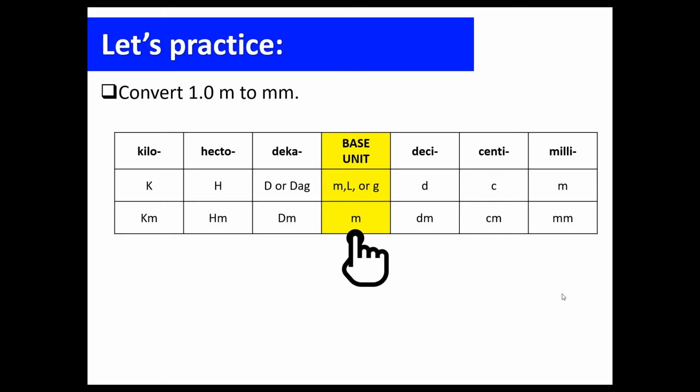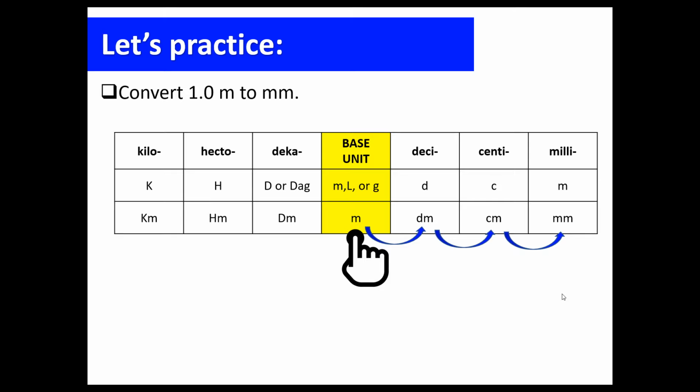All right, so you start with the unit that you're given. We were given meters, so you can see here that I'm starting at the M. And then we're going to travel to the unit that we want to convert to, which in this case is millimeters. So I'm going to hop over 1, 2, 3 places to the right. Whatever I do on my chart, I'm going to also need to do in my number.